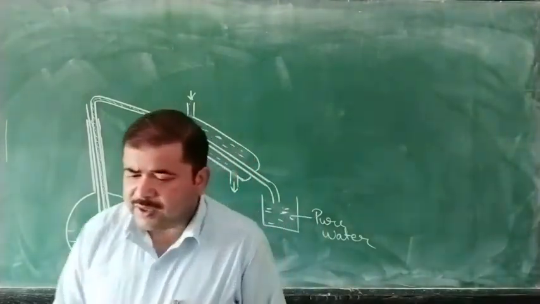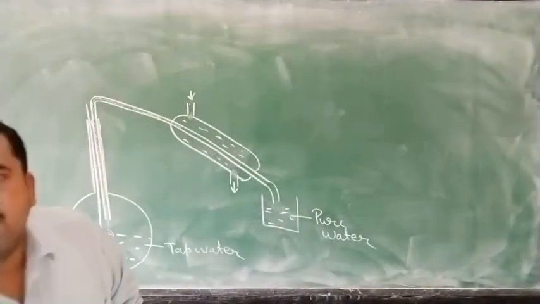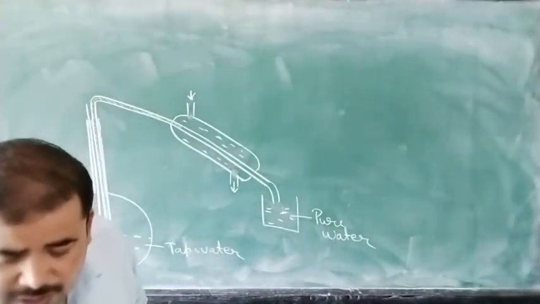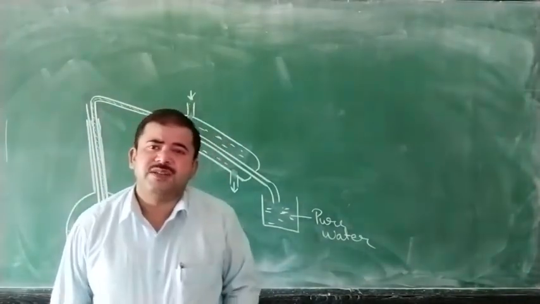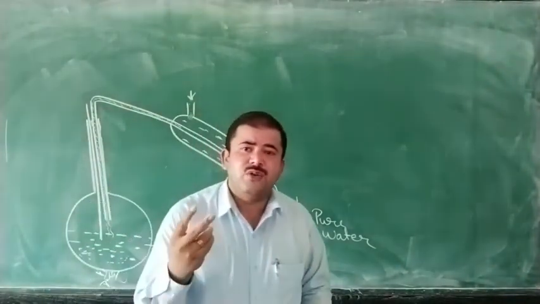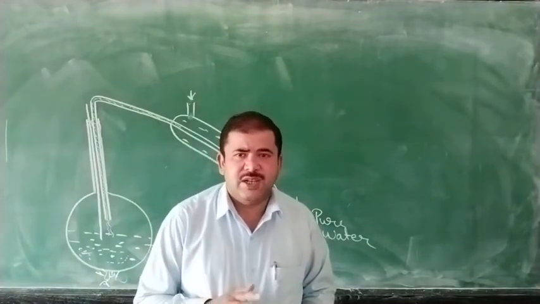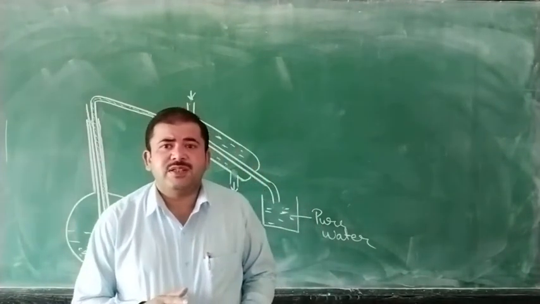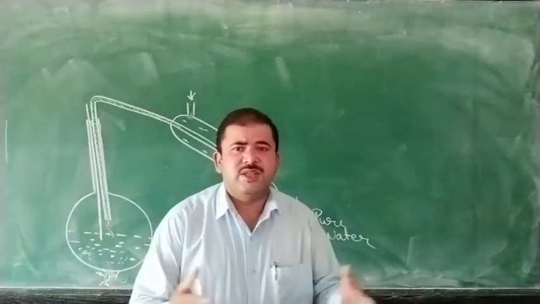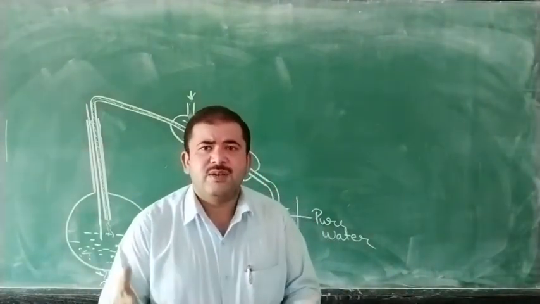And next topic, separation of liquid mixtures. In the separation of liquid mixtures, we know that there are two types of liquids: miscible liquids and immiscible liquids. Miscible liquids are those that mix with each other.